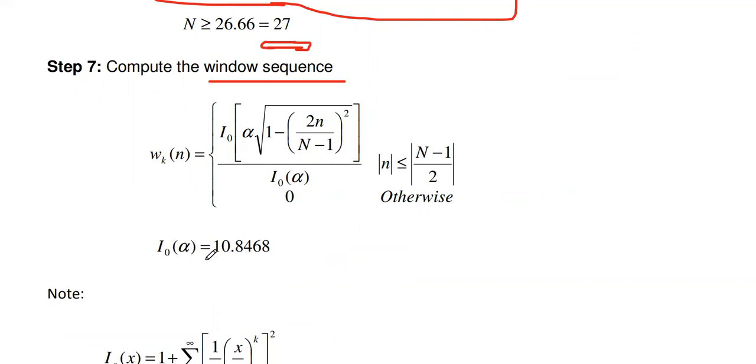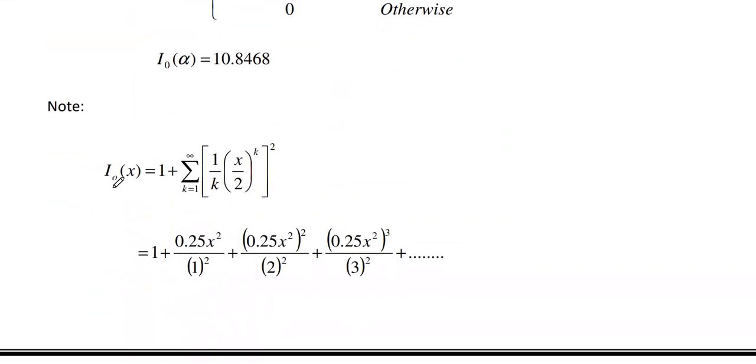And this I naught of alpha is 10.8468. In order to calculate this I naught function, you know this is the I naught function. The I naught of x is equal to 1 plus summation k equal to 1 to infinity of ((x by 2) to the power k divided by k factorial) the whole square.